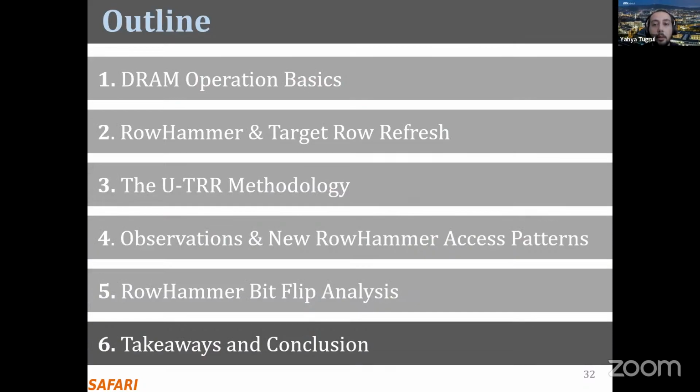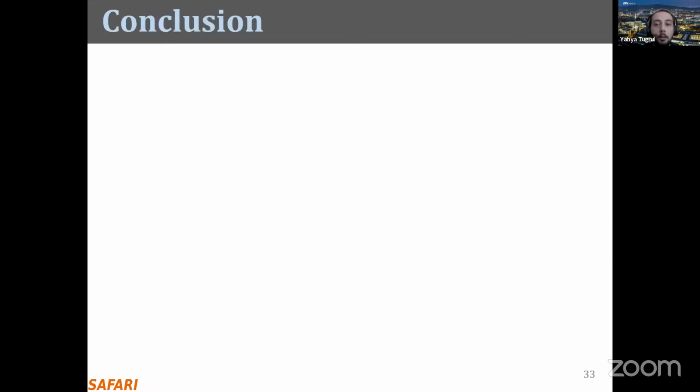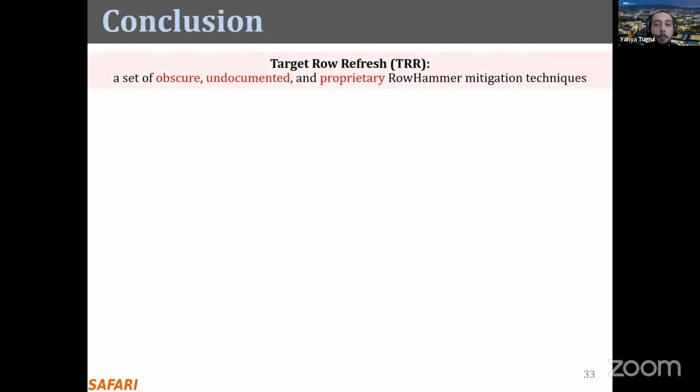So let me quickly conclude my talk with a quick summary. The RowHammer vulnerability of modern DRAM is a critical reliability and security threat, and DRAM vendors implement target row refresh in their DRAM chips. TRR is an obscure, undocumented, and proprietary RowHammer mitigation technique.